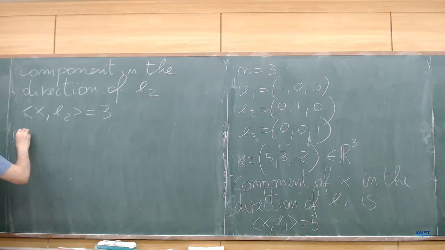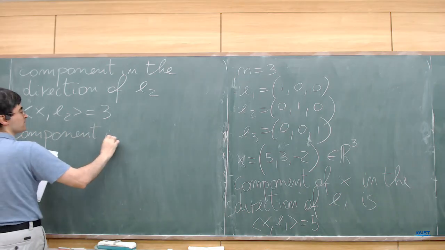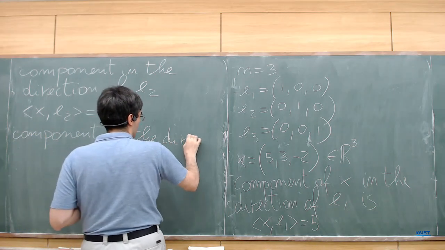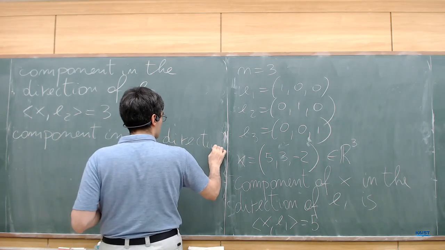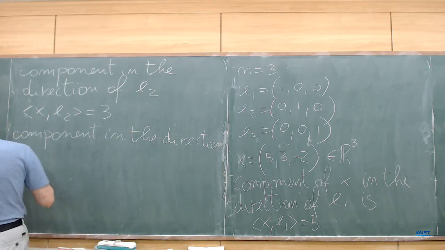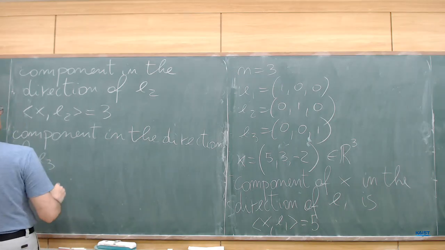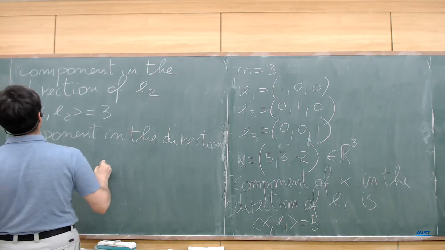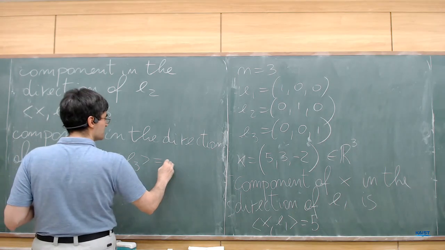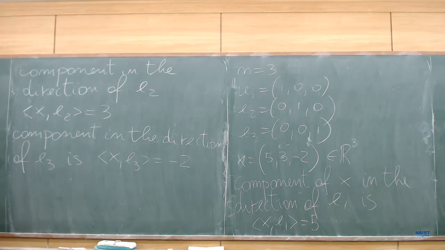And the component in the direction of E3 is x3. This is equal to negative 2.